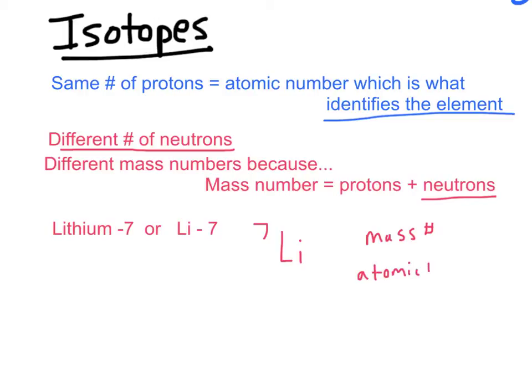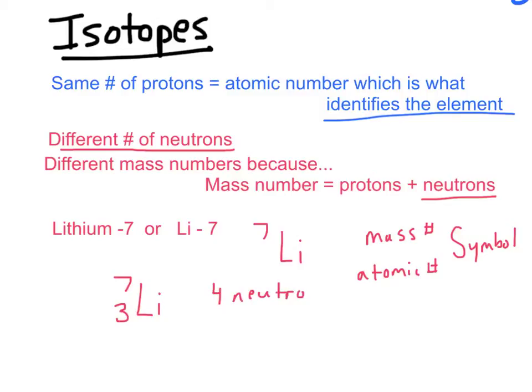Now, a lot of times they leave off the atomic number because you can get it from the periodic table, and then they have the symbol. So, if I wanted the full nuclear symbol for lithium, I would write 7, 3, Li, like that. So all I have to do to find the number of neutrons is just take the top number minus the bottom number, and I've got 4 neutrons.